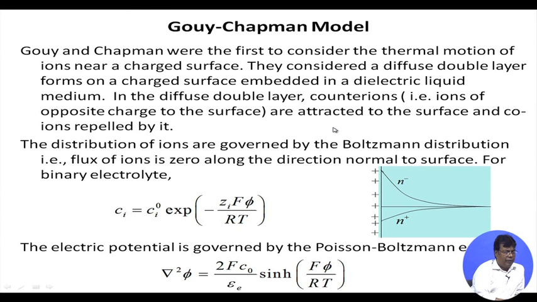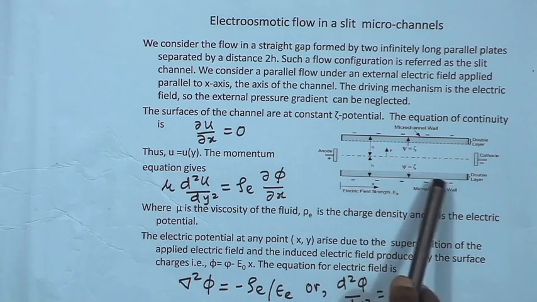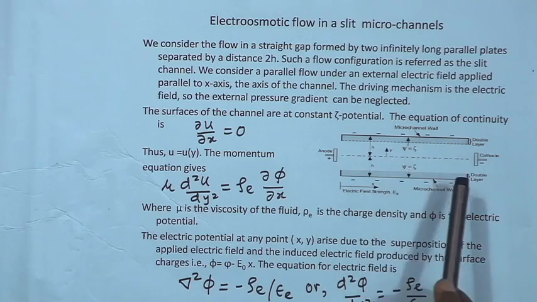Okay. So, now we are in a position to formulate the electroosmotic flow over a charged surface. In the beginning we have already described the case of a charged surface embedded in an electrolyte.